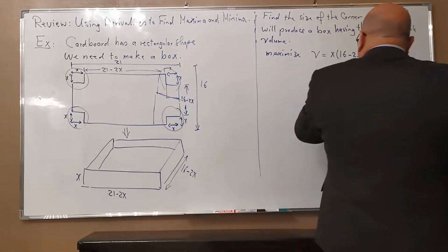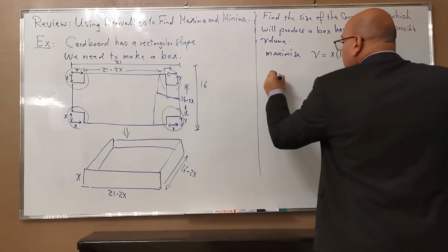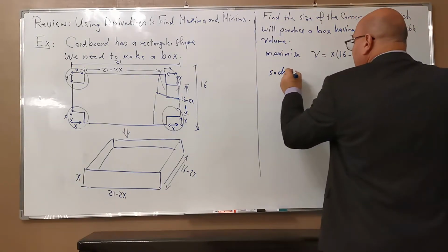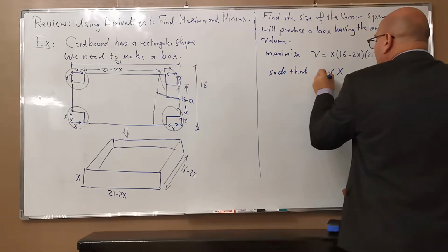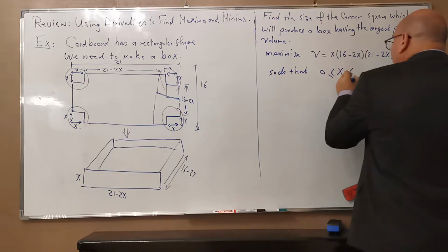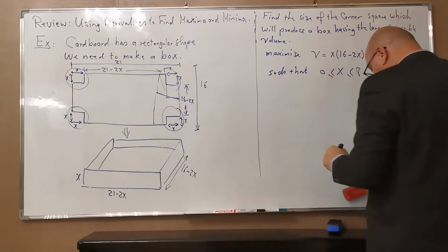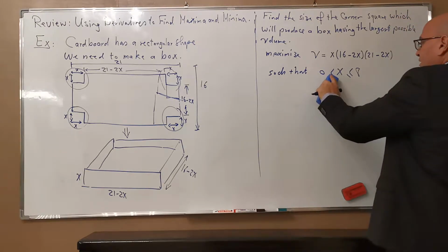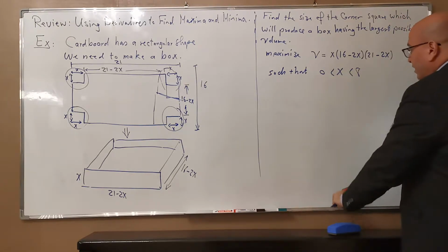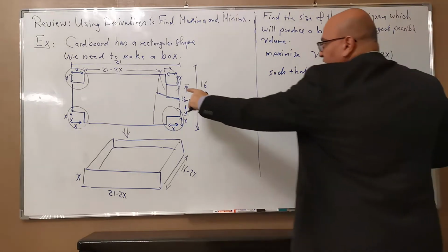So our x should have the constraint such that x is greater than 0 and less than 8. Actually, I will exclude equality, because it's forbidden to have x equal to 0.